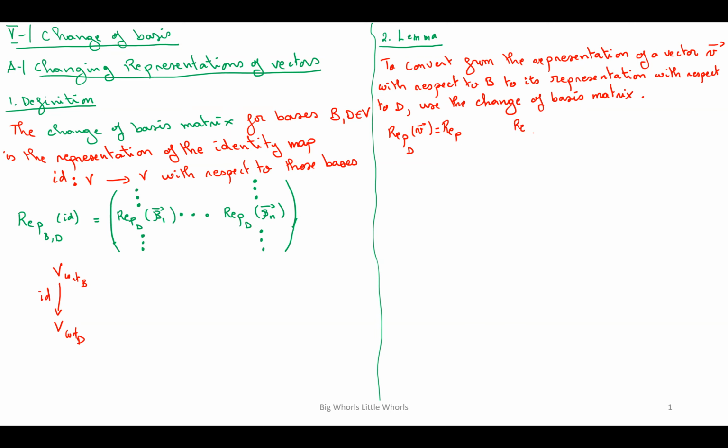We can just left multiply the representation of V with respect to the previous basis B by the representation of the identity map with respect to B, D. So this is the change of basis matrix, if that's okay. So that is it.